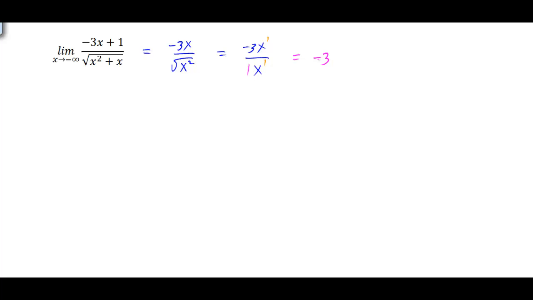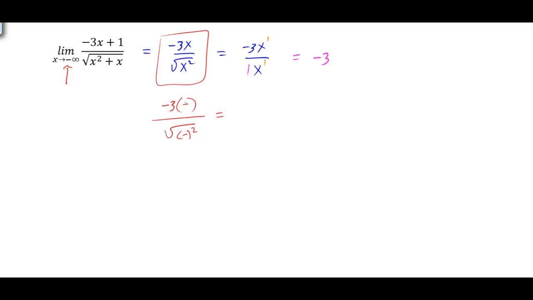Now, do you think that's correct, or what else do we need to double check here? Well, remember, we were looking at this limit as x was going to negative infinity. So once again, I think it's easier to look at if we go back to this step, and figure out what's happening with the negative sign. Well, on top, we would have negative 3 times a negative over the square root of our negative squared.